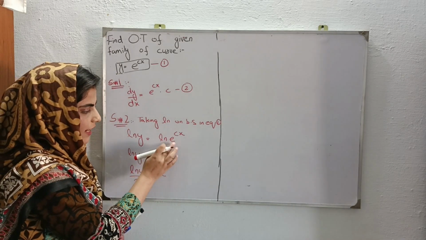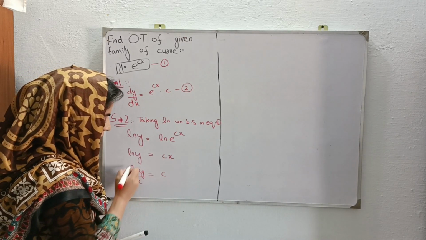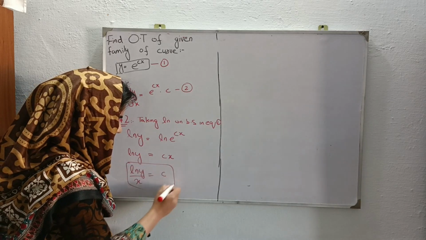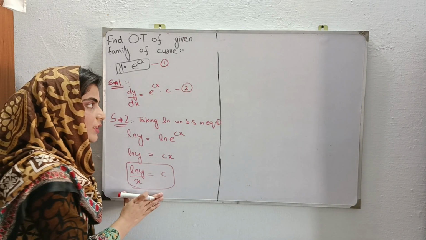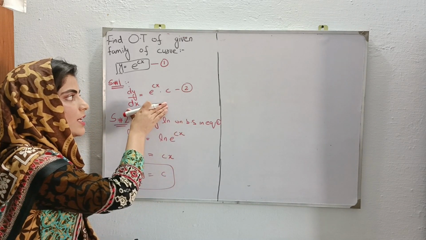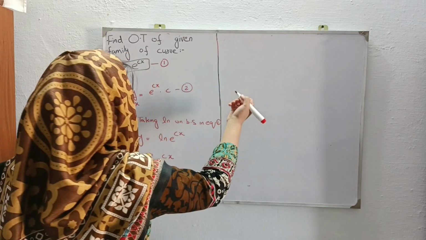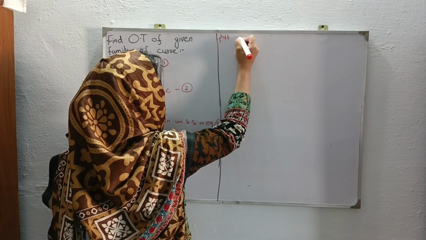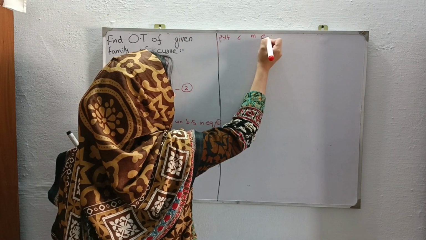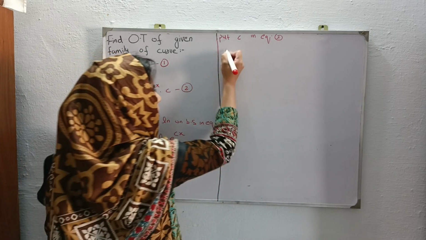This natural log and this e will cancel out, and after solving simple steps, you will get the value of c. Now you have to put this value of c in your equation number 2. What will you get?